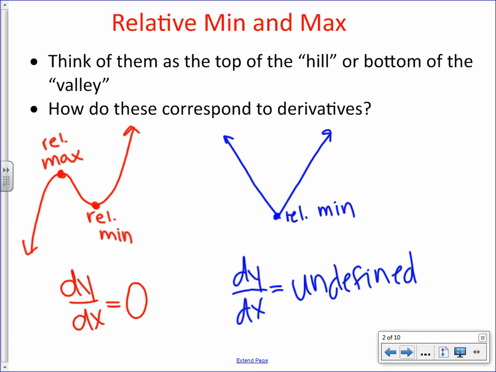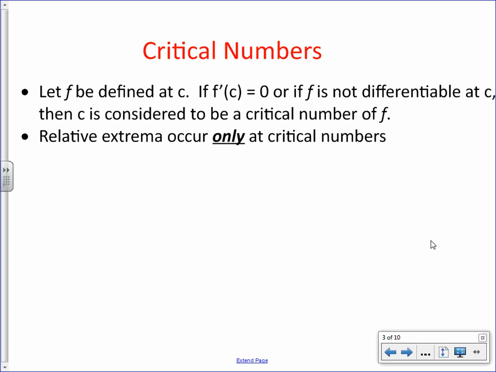Okay. Basically, what I want you to gather from this slide is that our relative minimums and maximums are occurring where our derivative is 0 or undefined. These are what we call critical points. Okay. Critical numbers is when we have the derivative is 0 or not differentiable.